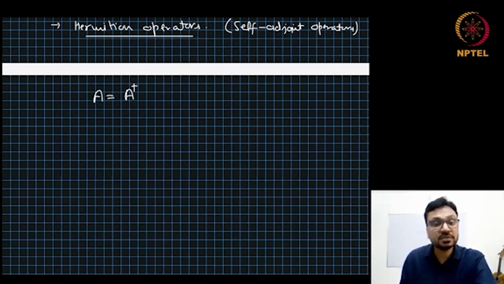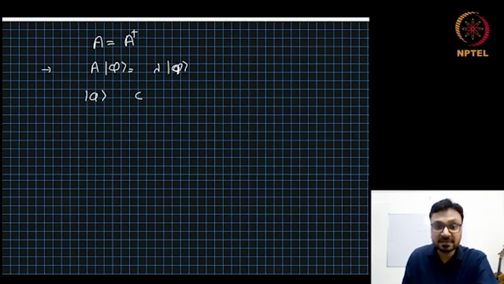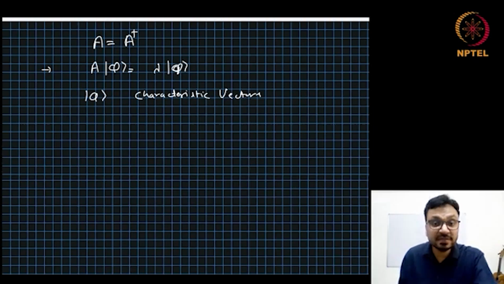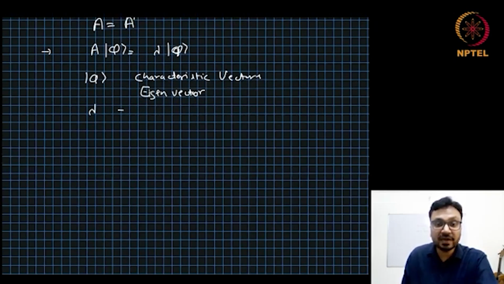So what is so special about this? Before going to that, let us discuss: if you have an operator A acting on a vector phi, and you get the same vector phi multiplied by a scalar lambda, then these vectors are called characteristic vectors. We are more familiar with their other name, the eigenvectors, and the scalar lambda is called the eigenvalue.